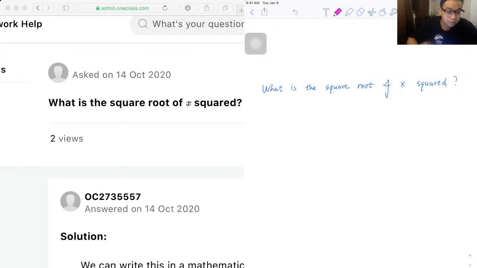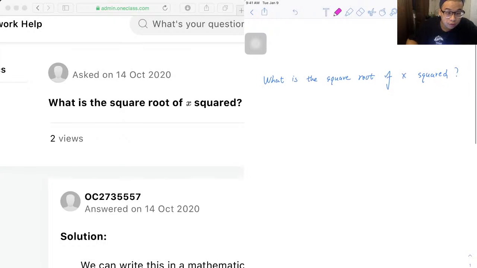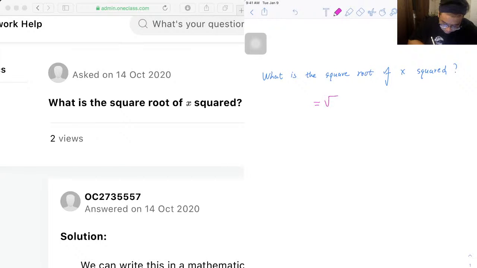All right. So first we can rewrite this as a mathematical equation: something is equal to the square root of x squared.